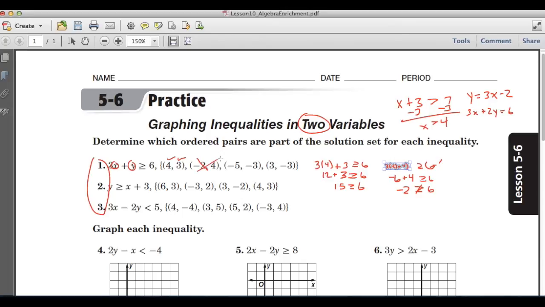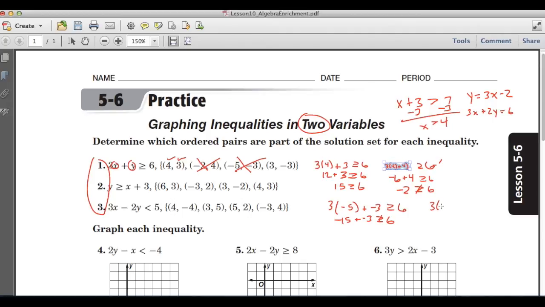So negative 2, 4 is not a solution. Negative 5, negative 3: we have 3 times negative 5 plus y, negative 3, greater than or equal to 6. That's negative 15 plus negative 3, which is not greater than or equal to 6. So that is not a solution.